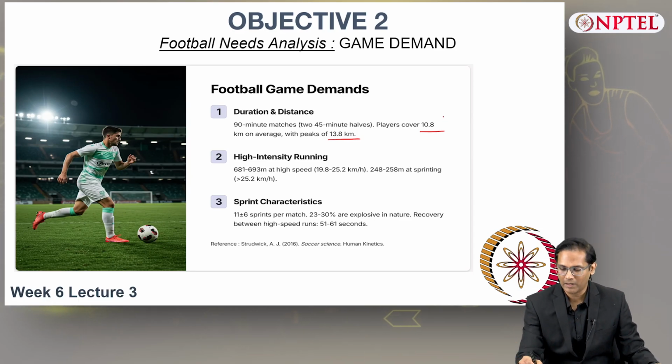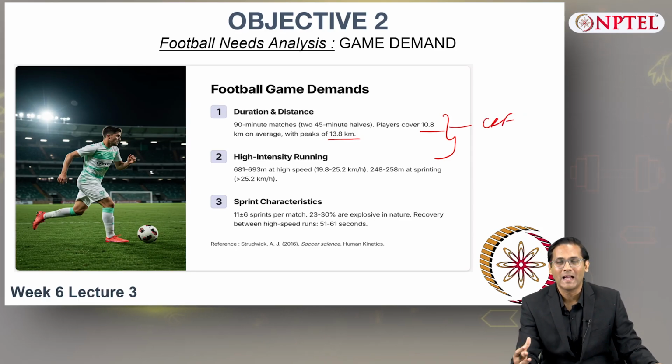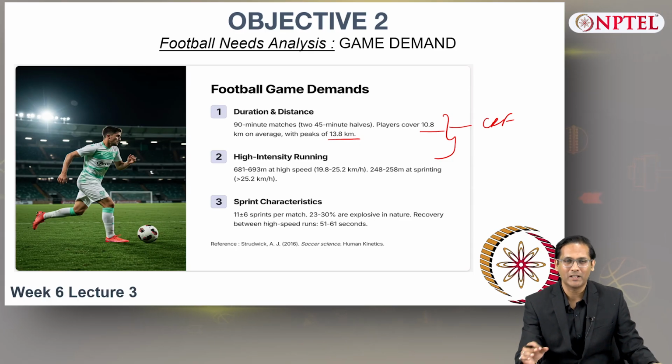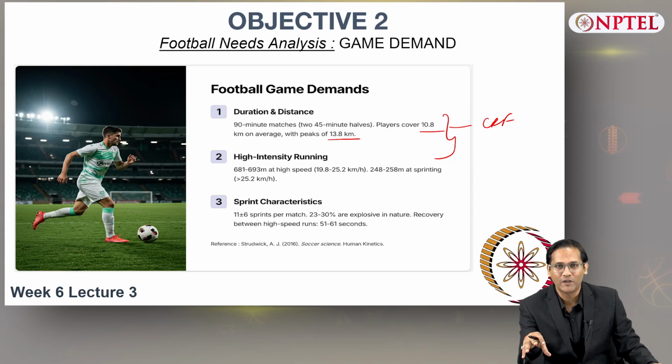Now this game demand implies that the game requires aerobic capacity, because it is played for so long and needs to cover that much distance. Connecting this with the need analysis framework, the demand is to cover this amount of distance. So which physical ability would ensure that this demand is fulfilled?